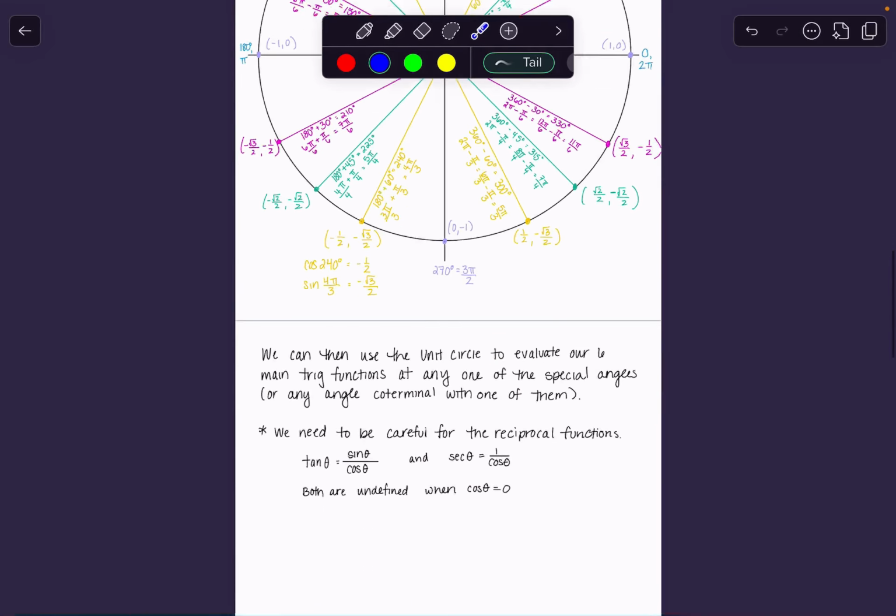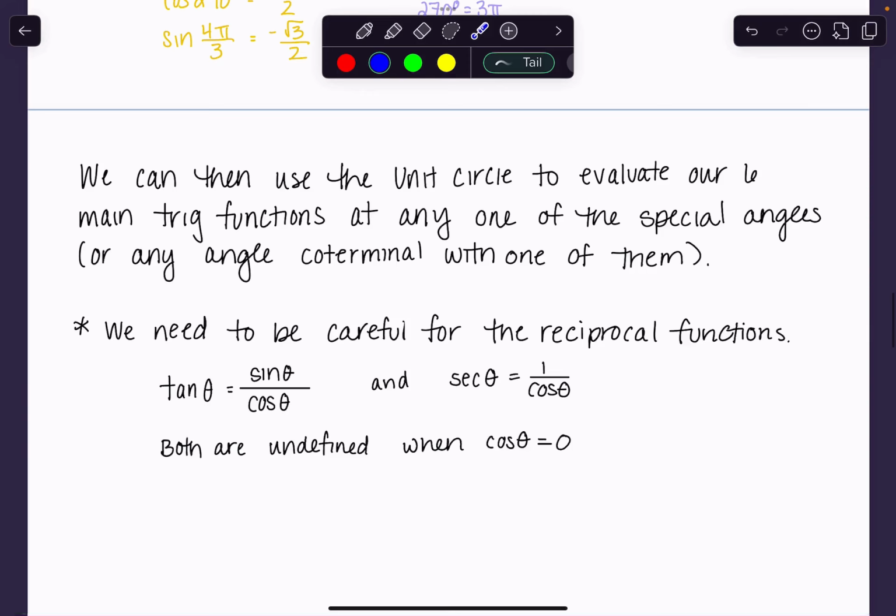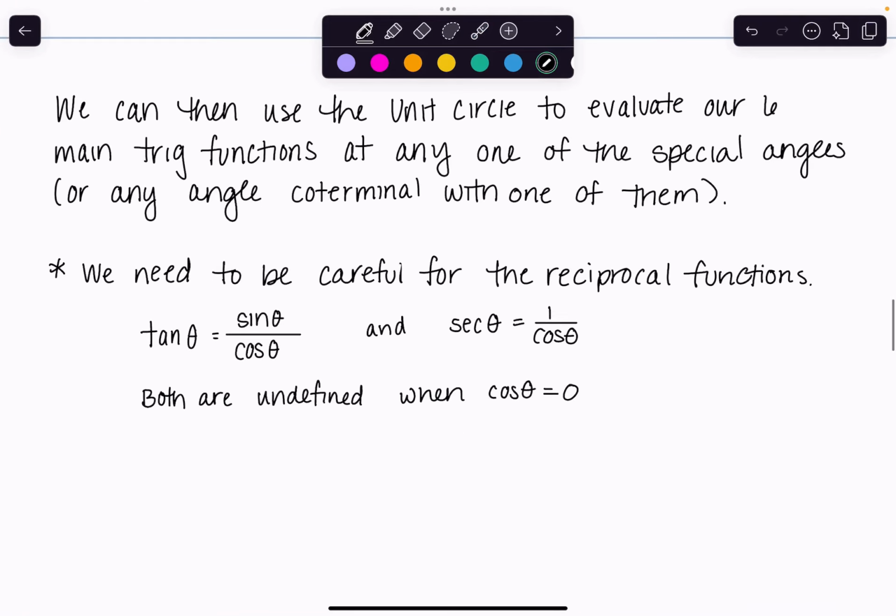This happens in particular when the angle is coterminal with pi over 2 or 3 pi over 2.